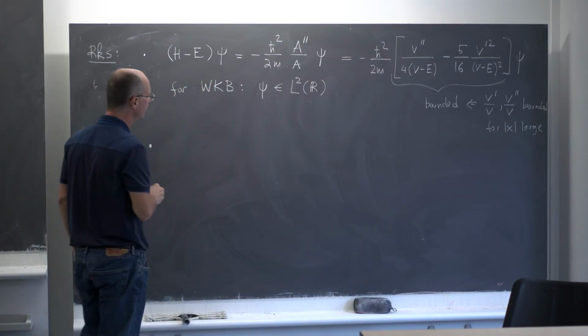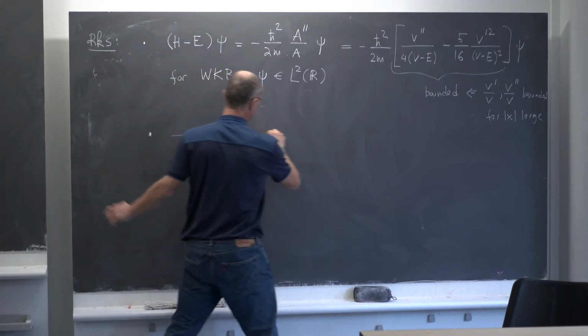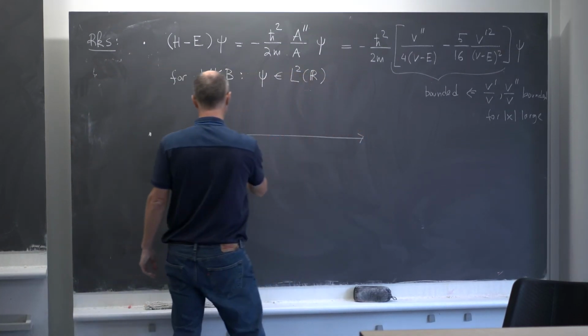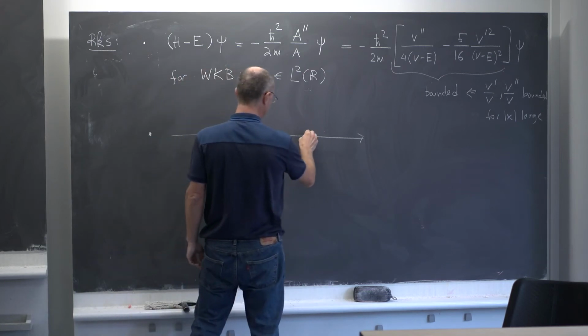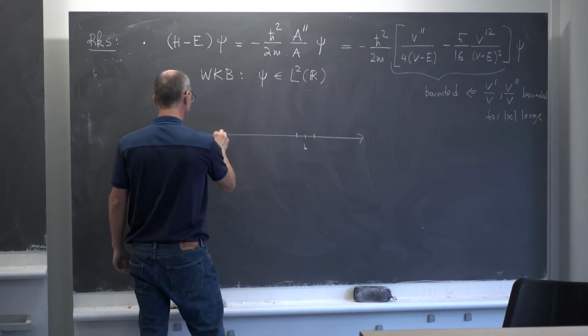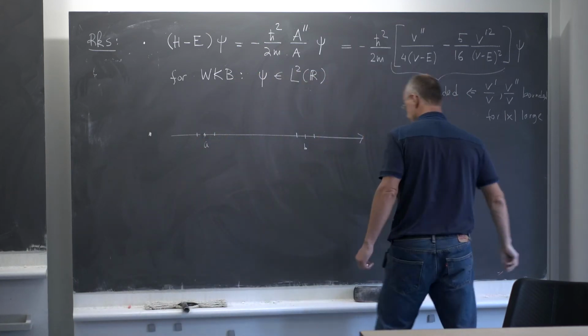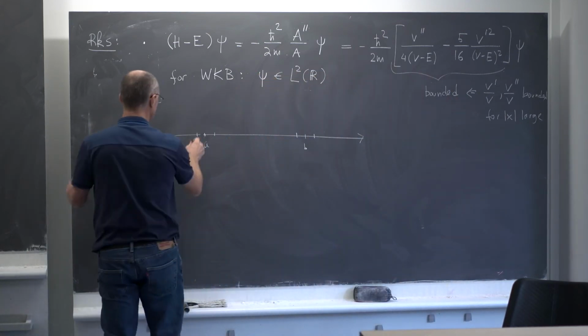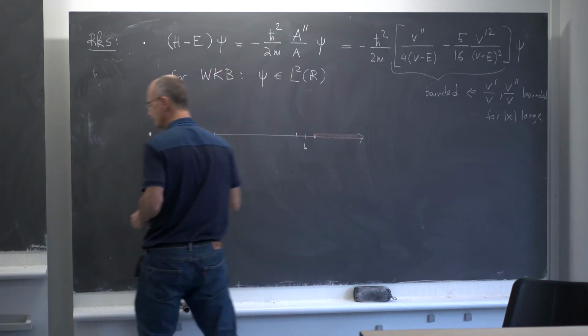However, to be honest, there is a problem in our story. So maybe let me draw again the axis with the turning points A and B. Now these are our 5 regions. There is a forbidden region on the left and on the right.